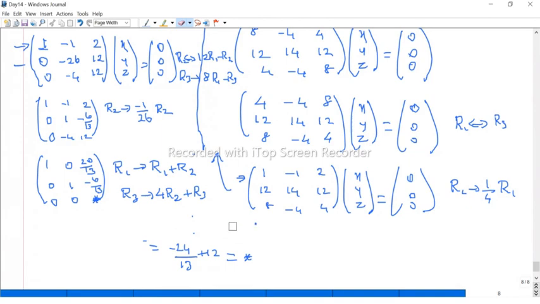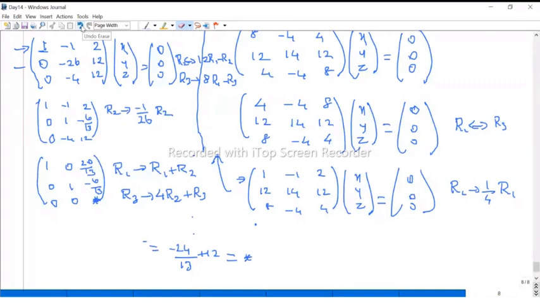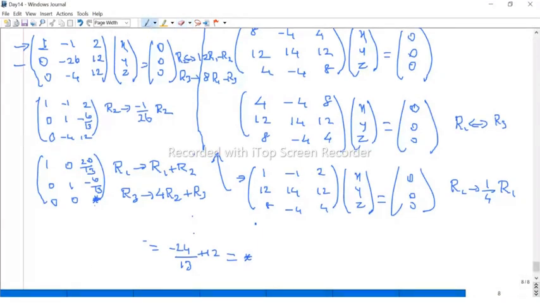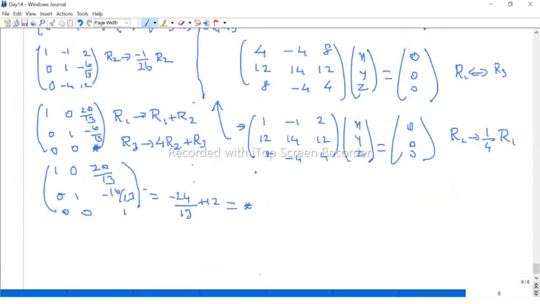So again, look at the last row. This is not 1. Therefore, we multiply that number by this number, and we get 1. So no need to find that number, because that number is going to be 1. So therefore 1, 0, 20 by 13; the second row 0, 1, minus 16 by 13; and 0, 0, 1, because the entire row we multiply by the star. Now we get a row reduced echelon form.